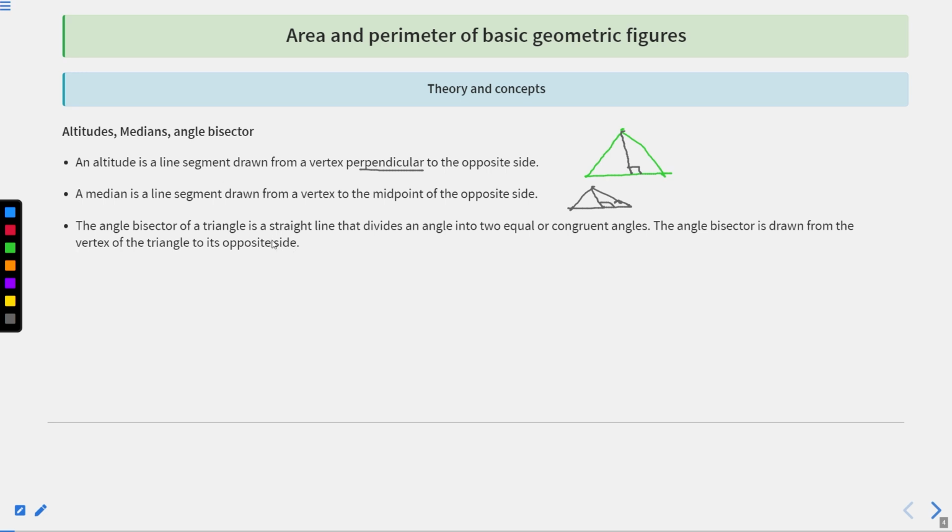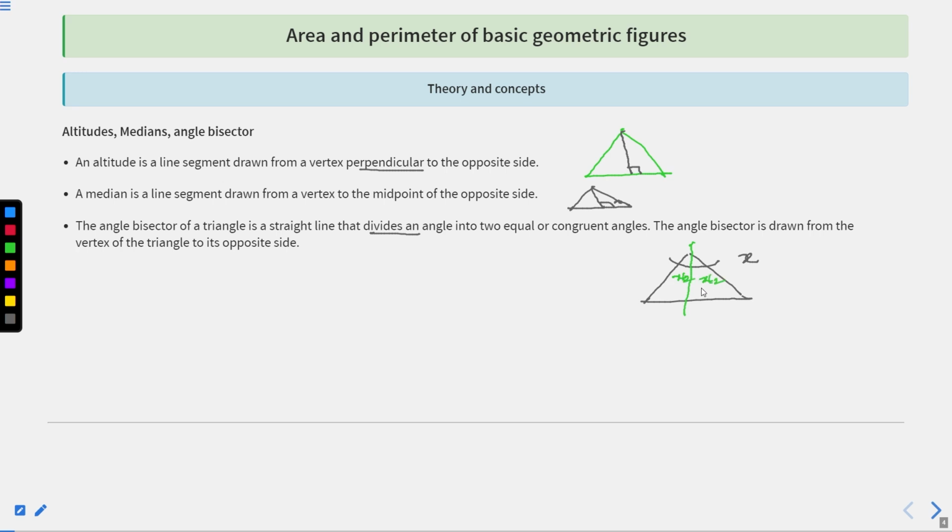The angle bisector of a triangle is a straight line that divides an angle into two equal or congruent angles. The angle bisector is drawn from the vertex of a triangle to its opposite side. So if I take a triangle, and suppose this is some angle x, and I draw an angle bisector like this, then this angle is going to be x by 2, and this is going to be x by 2.